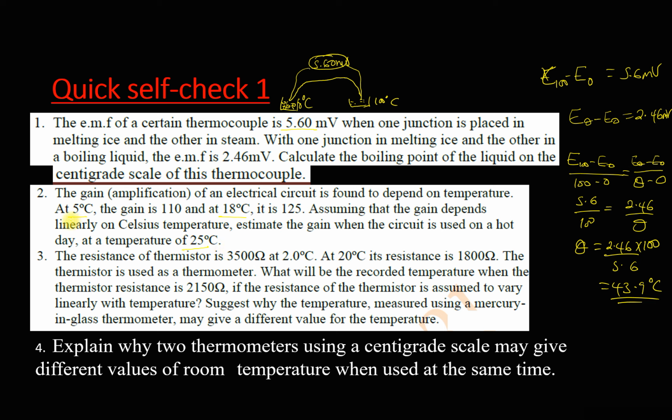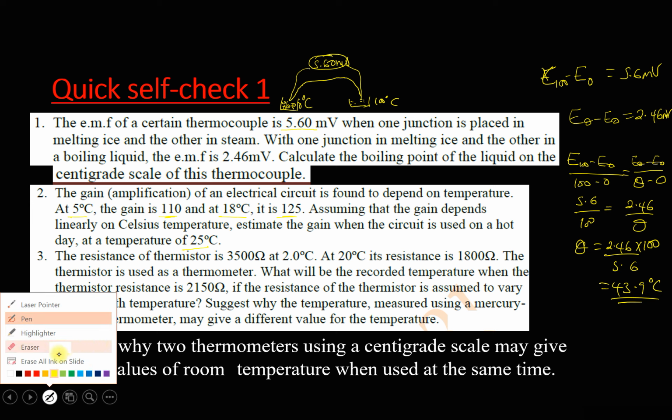So you notice that at 5 degrees Celsius, the gain is 110. At 18 degrees Celsius, the gain is bigger. That means the gain increases with the temperature. And we notice that 25 degrees Celsius is above 18. So I can still use a calibration graph to find that. I'll just erase this because I don't have any other space.